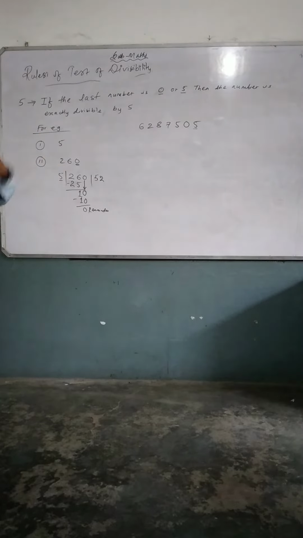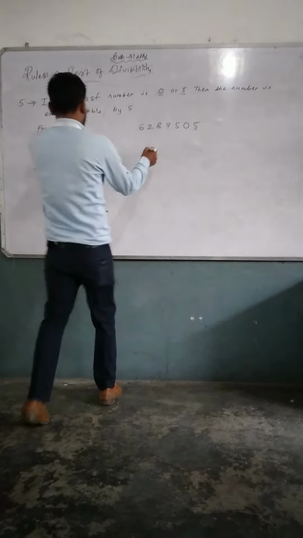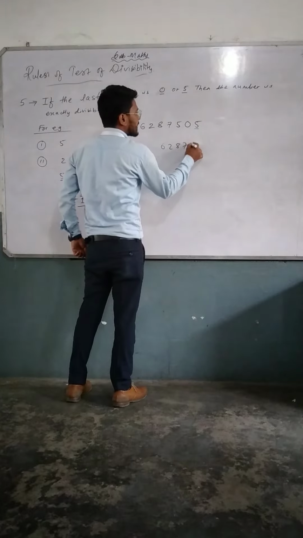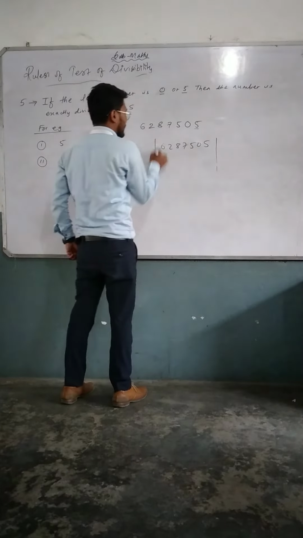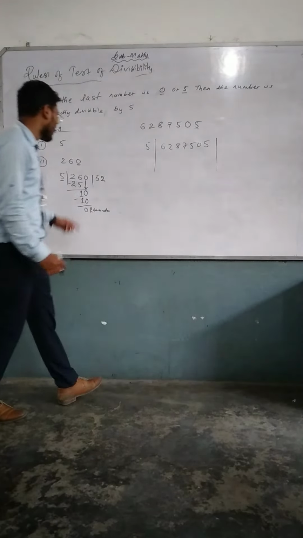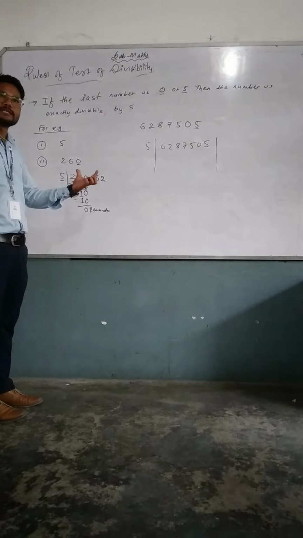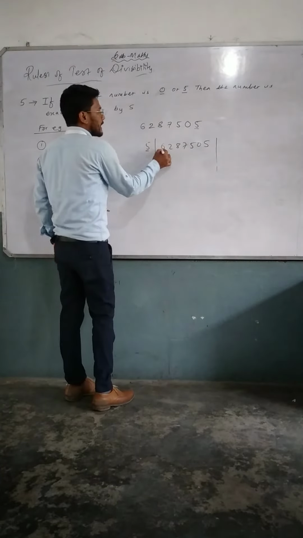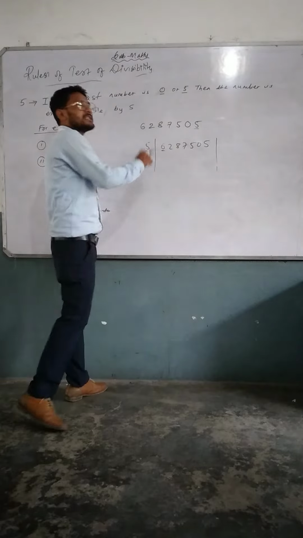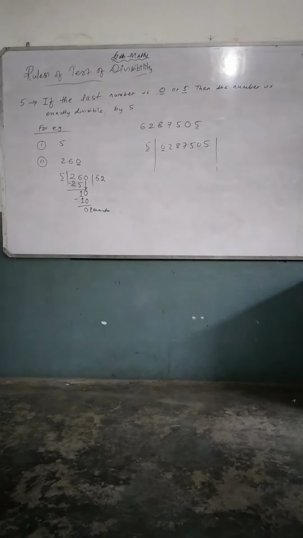But to remove your confusion whether the rule is correct or not, let us check by the division process. 6, 2, 8, 7, 5, 0, 5. Let us divide by 5. Earlier the number was small, so at that time we took double digits. But here this digit is bigger than the divisor, so no need to take double digits. Now in the table of 5, can you get a number lesser than 6?